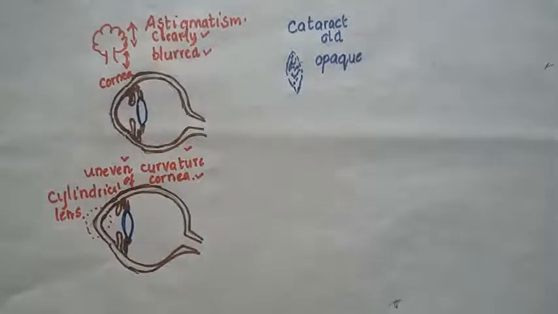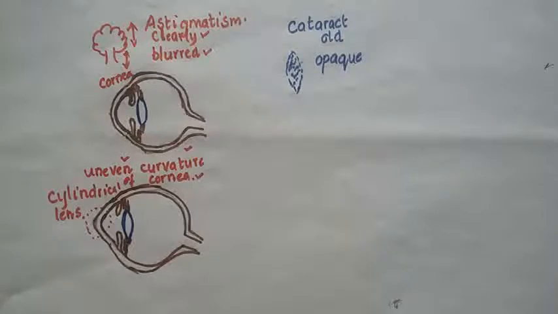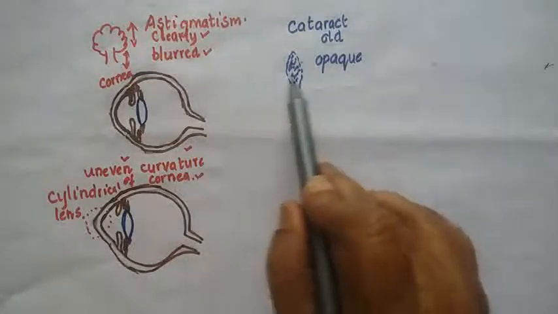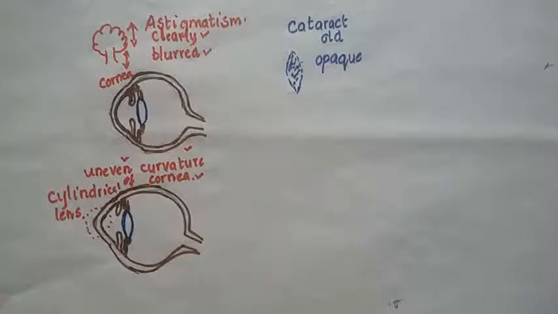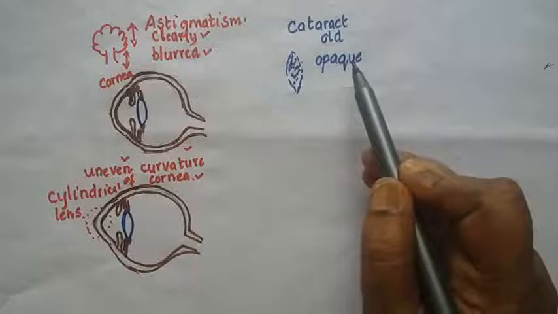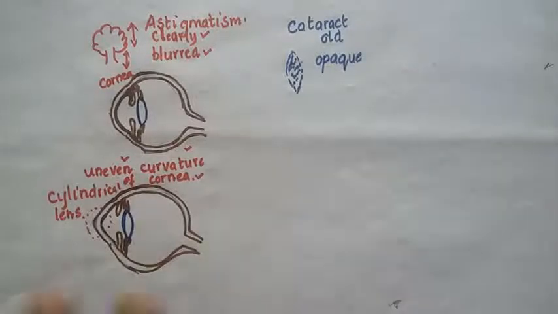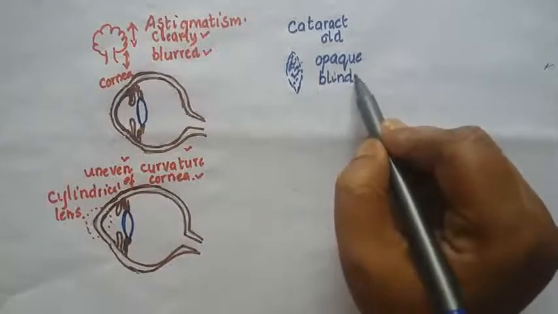It turns opaque. So the lens has lost its transparency, so that there is no more entry of light inside the eye to form the image on the retina. The lens has turned opaque, which totally blocks the passage of light rays, and the person starts experiencing total blindness.